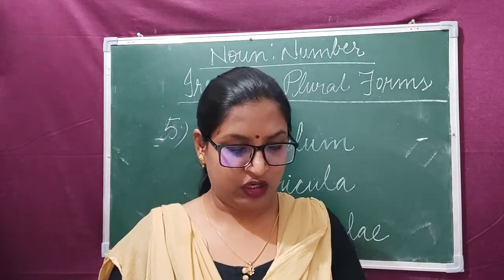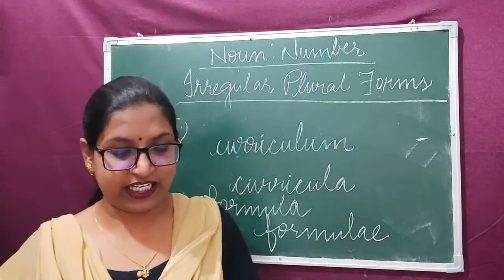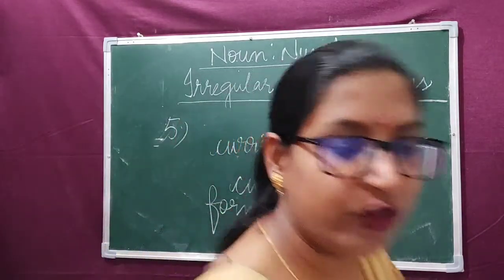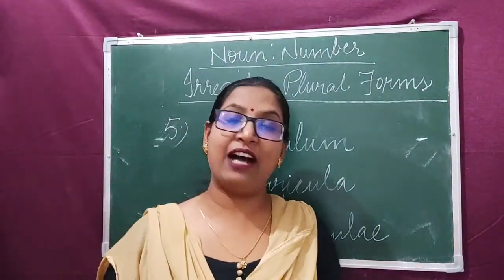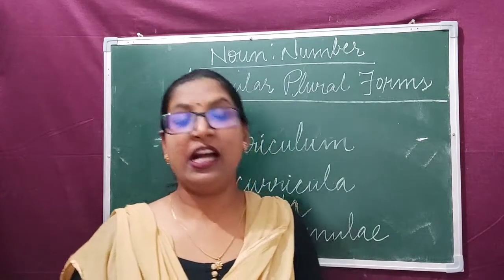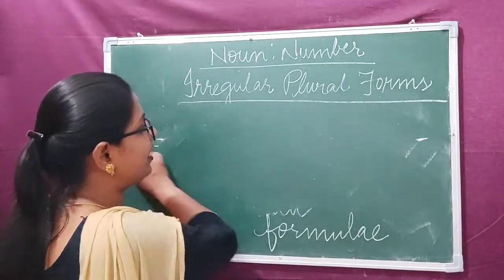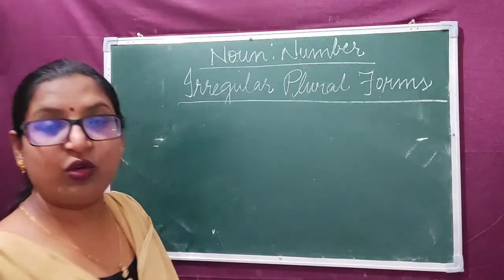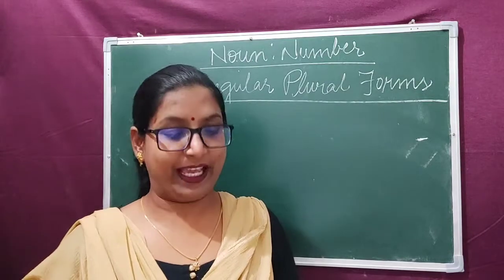Now, on page number 24, the sixth rule we will study: names of objects that have two essential parts are always used in the plural. Names of objects that have two essential parts, which are in pairs.